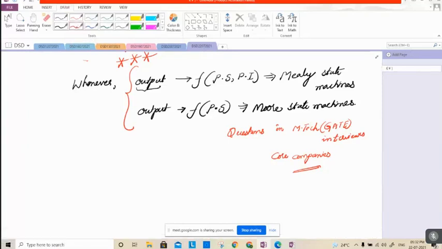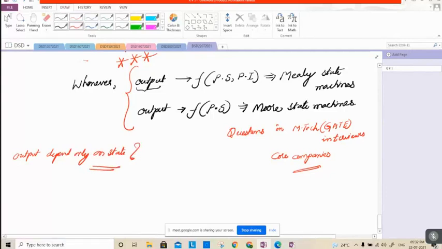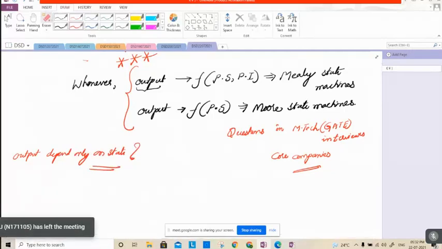Clear. Is it clear? If I would have taught only these definitions, only 2 lines, the first immediate question you might have asked is, how does the output depend only on the present state? How is it possible? This will be the question which will strike our minds immediately.